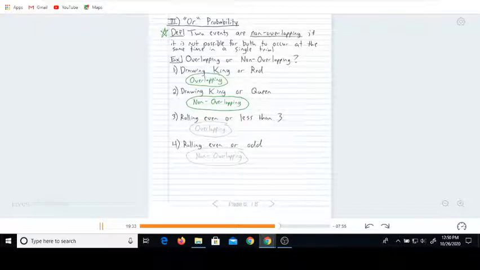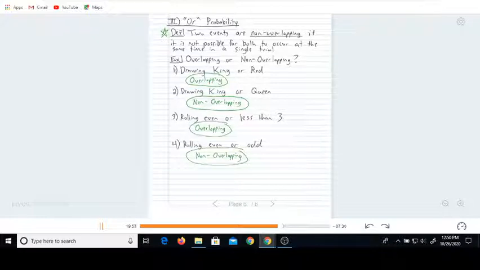Well, is it possible to roll a number that is both even and less than 3? Well, what if you roll a 2? 2 is even and 2 is less than 3. That means there's some overlap between these 2 events. And then rolling even or odd, well, that's of course non-overlapping. There's no way you can roll both even and odd at the same time.